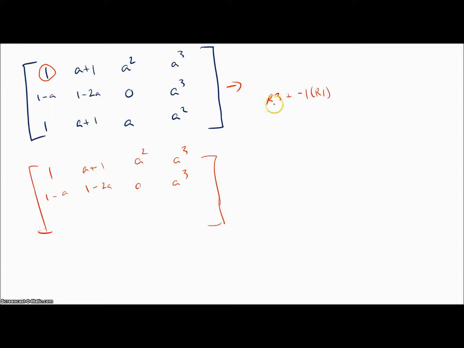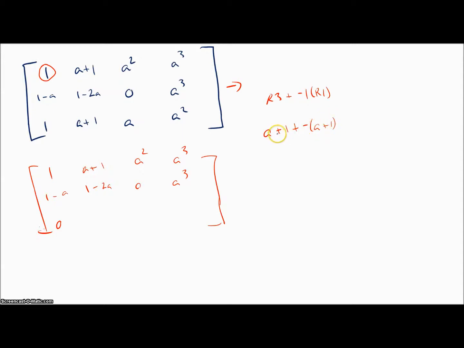On the third row, this is what I'm putting in the third row. So row 3 plus -1 times row 1. So 1 plus -1 is 0. Row 3 is a plus 1 plus negative a plus 1.